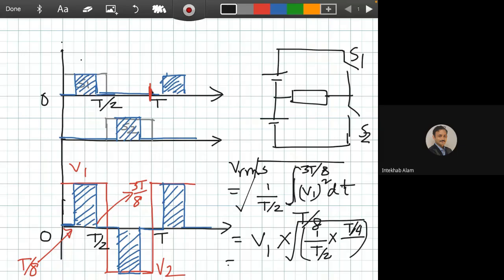So t by 4 divided by t by 2 means half. So the new output will be 1 by root 2. Can you see it? It's root 2. Okay, now it appears.